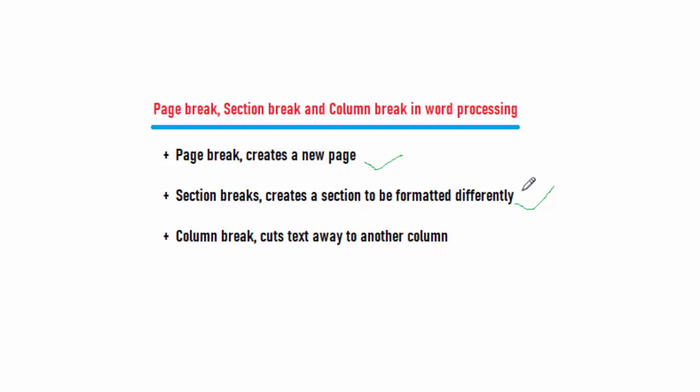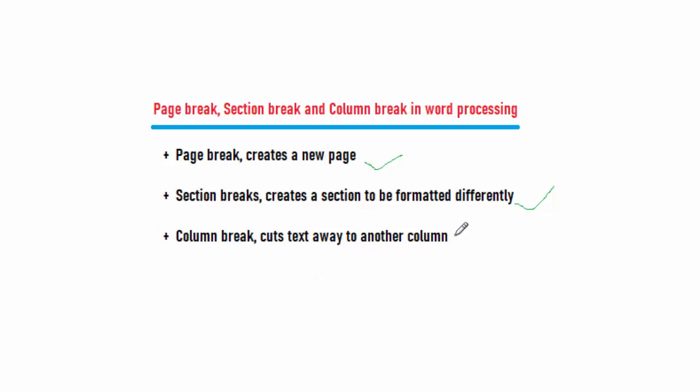And somewhere in the book, maybe in page 10, I want to insert a map. And this map should be in the landscape orientation, where the width is longer than the height. In that case, I will have to create a section, and this section, I will format it differently. I will make the page of that section landscape instead of portrait.